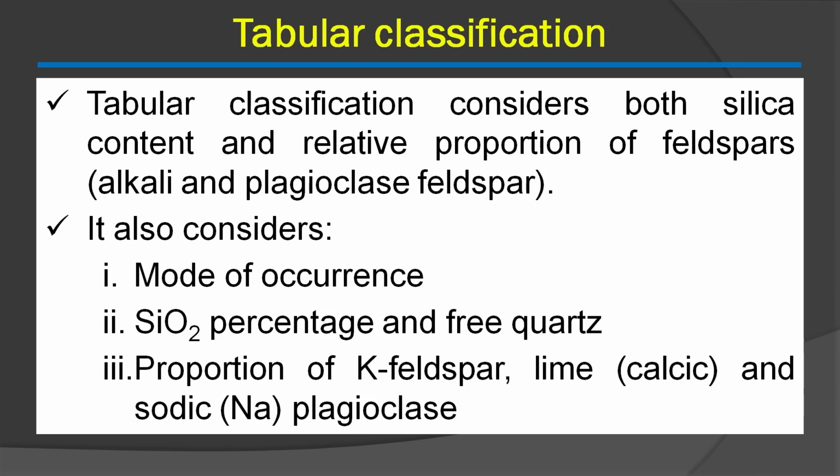This classification considers both silica content and the relative proportion of feldspars, that is, alkali and plagioclase feldspar. It also considers the mode of occurrence, SiO2 percentage and the amount of free quartz present, and the proportion of potash feldspar, lime, that is the calcic plagioclase, and the sodic plagioclase.